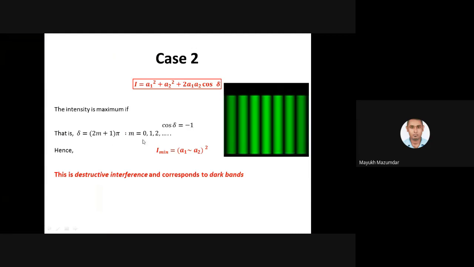Delta is pi, but here you are getting delta is 0. If you put m equal to 0 there, you will get the central bright fringe. But if you put m equal to 0 here, you won't get the central bright fringe. Rather, you can get the first dark band on one side.